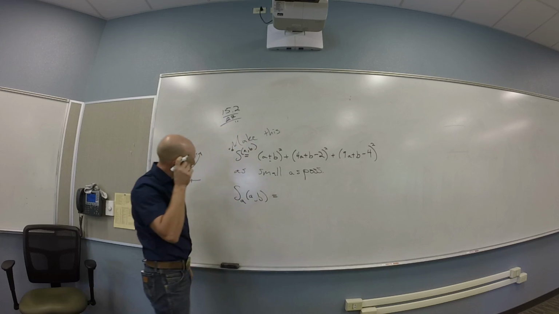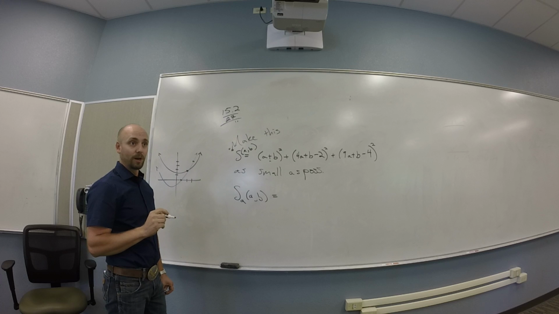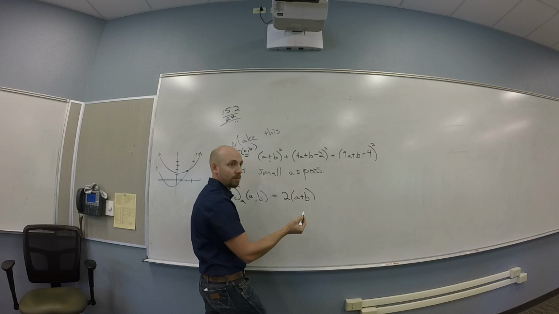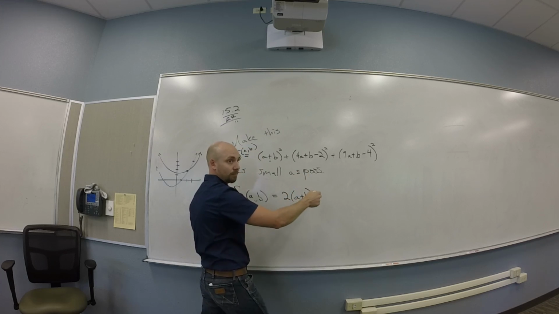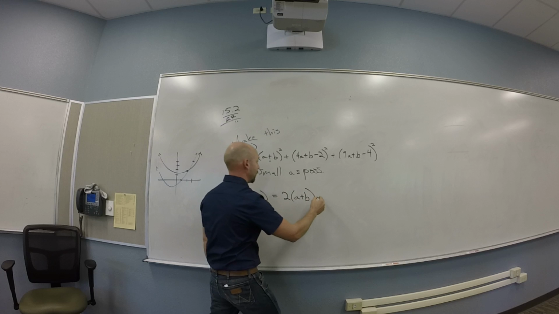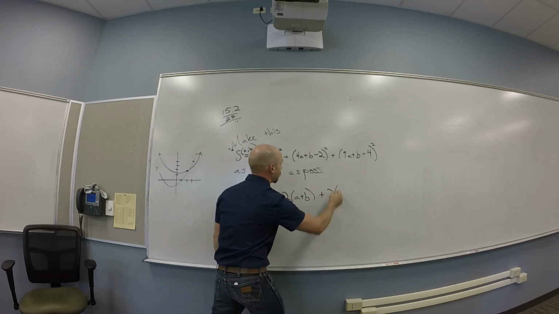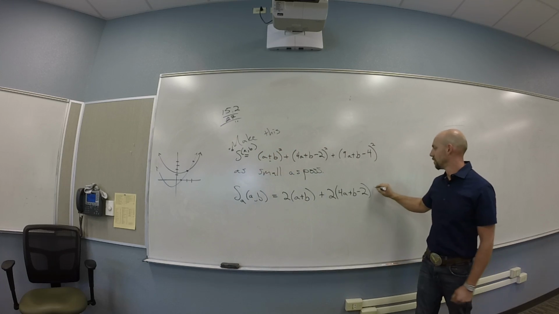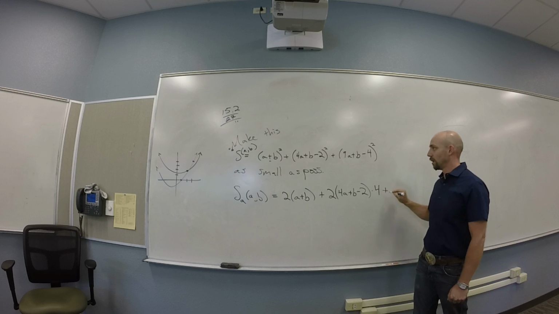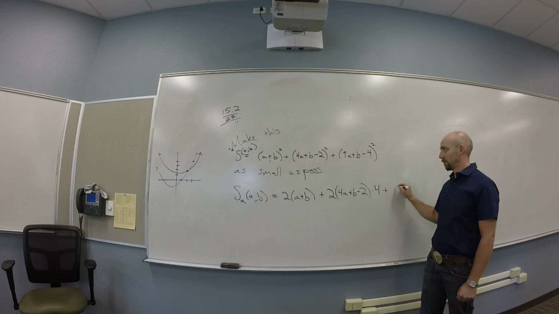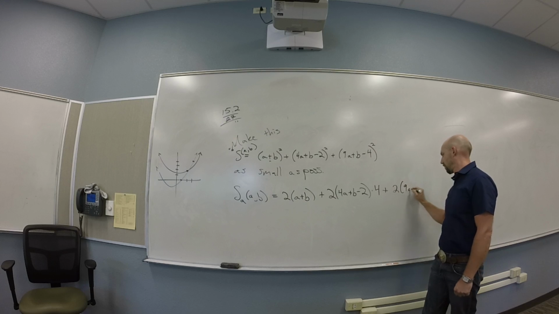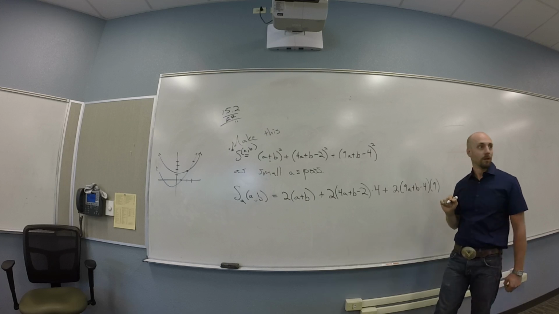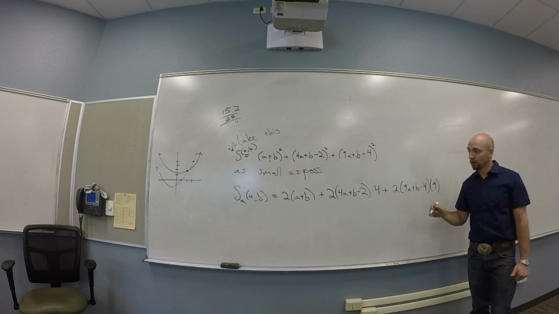So what do you get? 2 times (A plus B) to the 1 times 1, plus 2 times (4A plus B minus 2) times 4, so 8 times 4, plus 2 times (9A plus B minus 4) times 9. Cool. I'll set that equal to 0 in a sec.